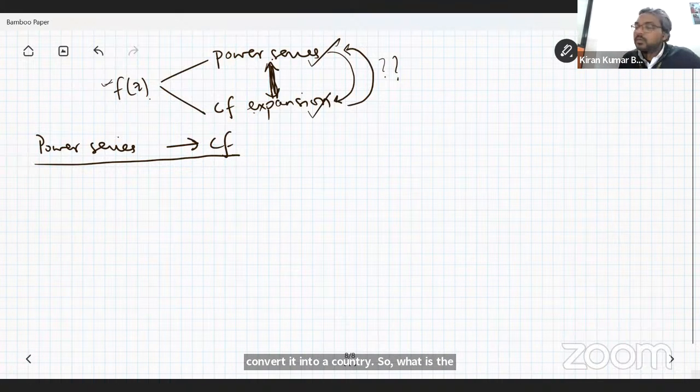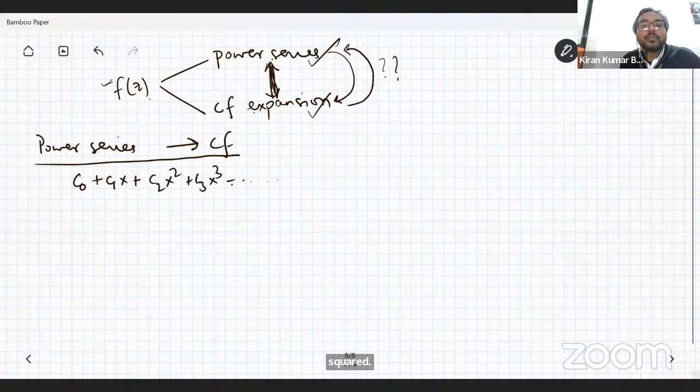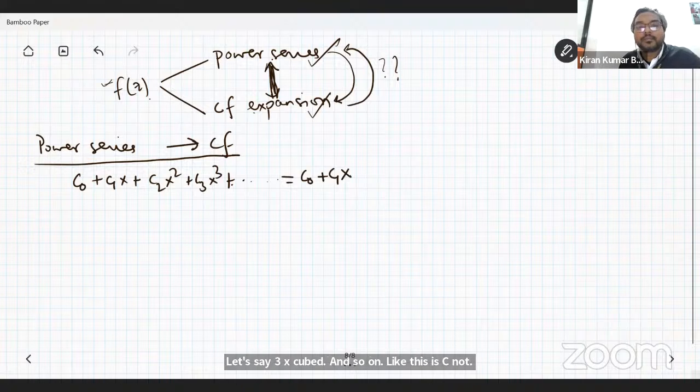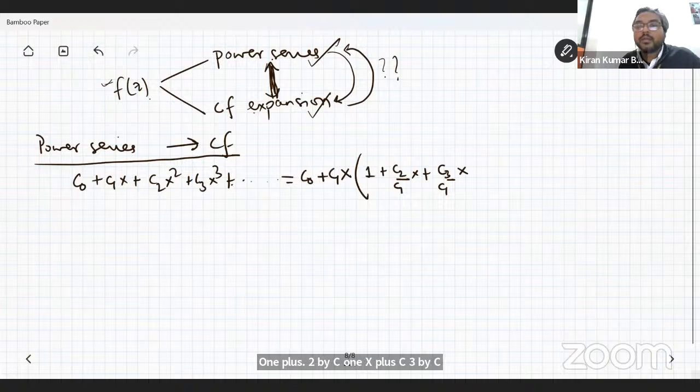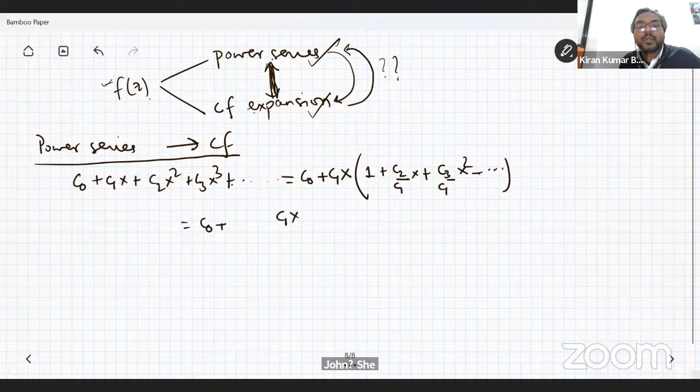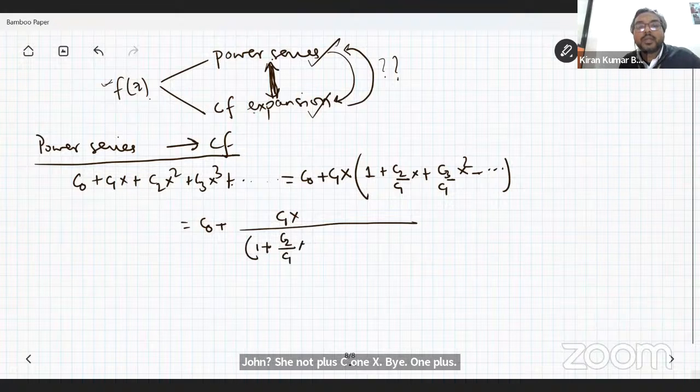The idea is, if I have c0 + c1x + c2x² + c3x³ and so on, write this as c0 + c1x times (1 + (c2/c1)x + (c3/c1)x² + ...) to the power minus 1.